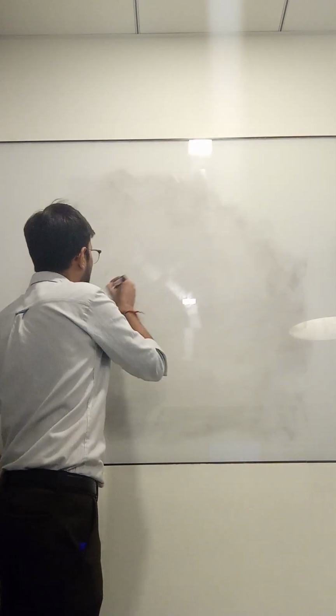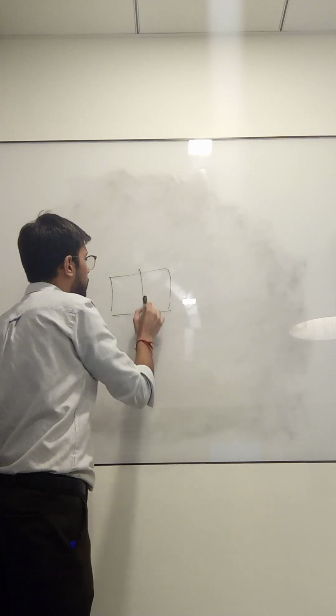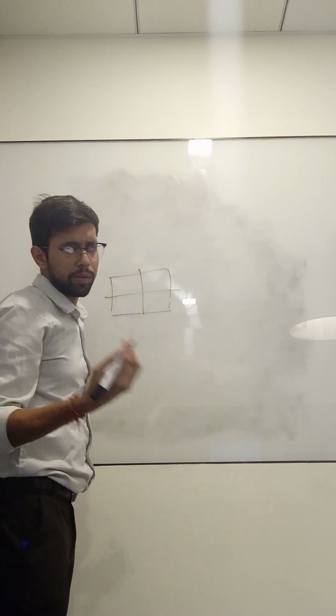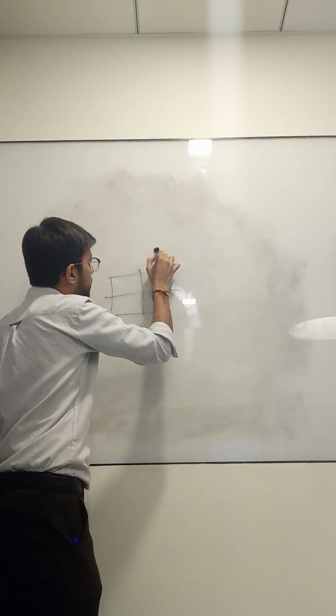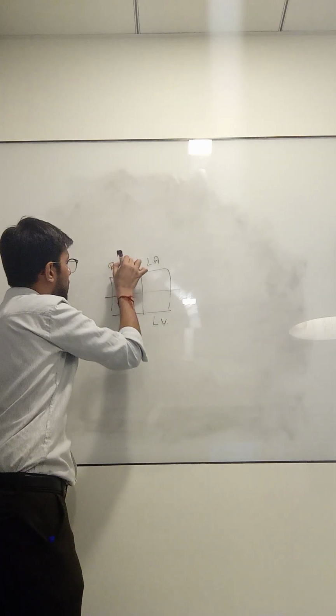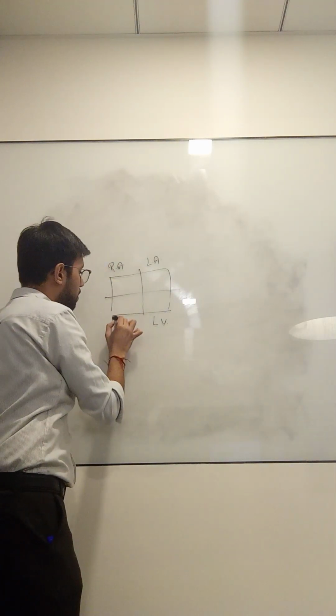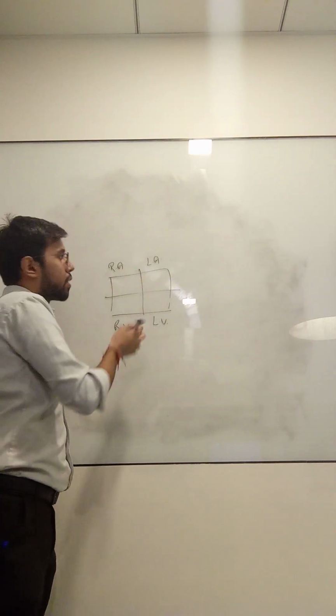I'll make a very simple diagram of the heart. You know that the heart has 4 chambers. Consider this as a heart. We'll have 4 chambers. Let's name them. This is left side and upper side, this would be left atrium. This would be left ventricle. This would be right atrium and this would be right ventricle. Simple. So this is our heart.